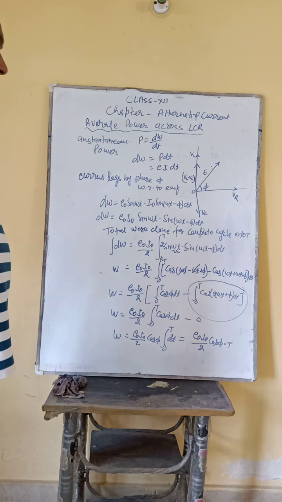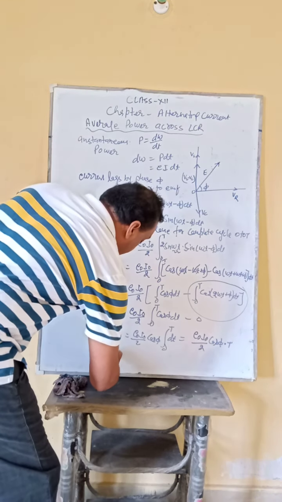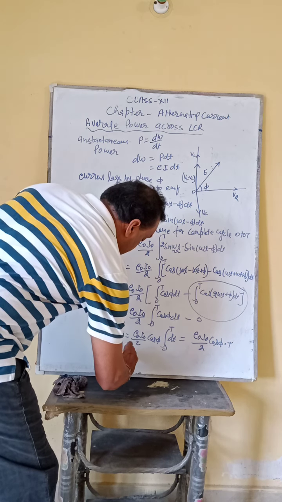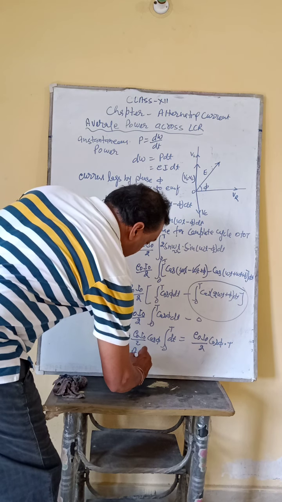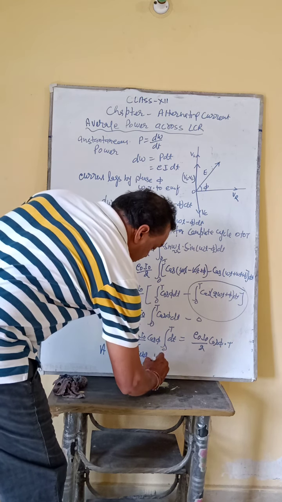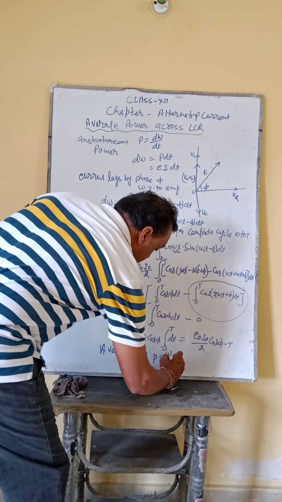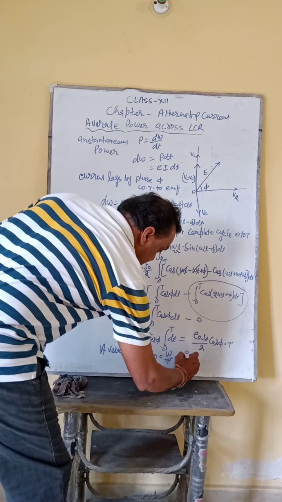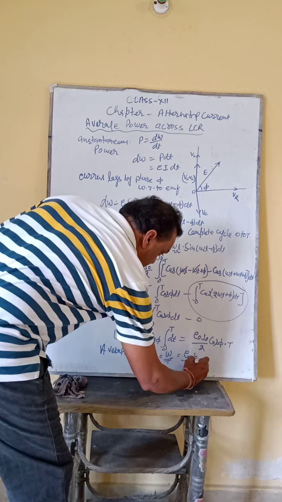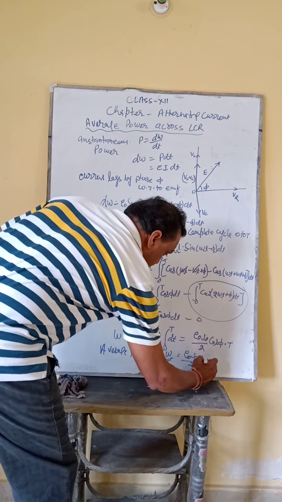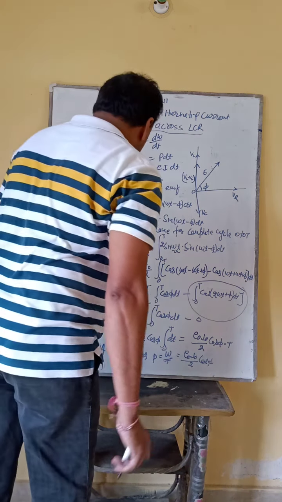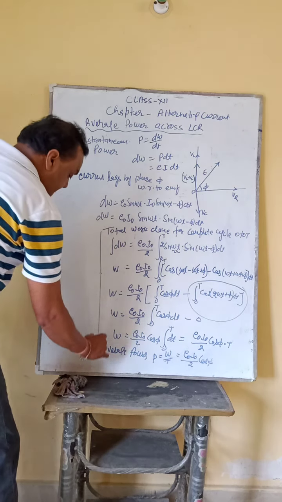But we have to find the average power. So average power will be W by T. So W by T, T and T cancel, so E naught I naught by 2 cos phi. Okay, this is the average power.